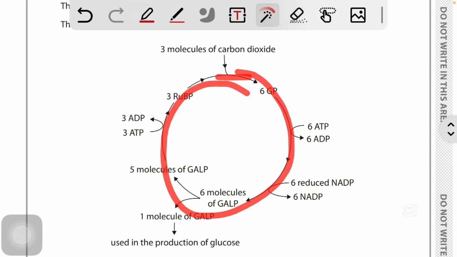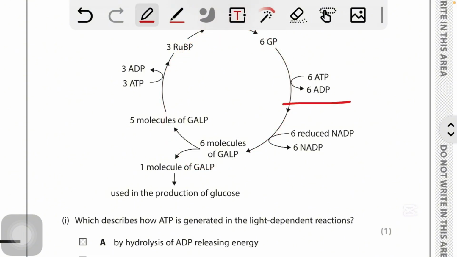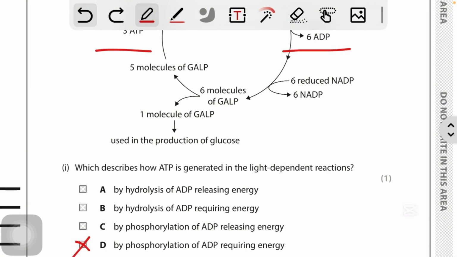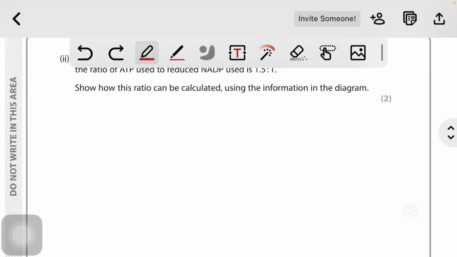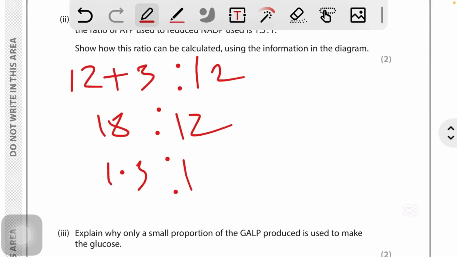So over here, for 2 cycles, ATP is 6 plus 6, 12, and reduced NADP is 3 plus 3, 6. So the ratio is 1.5:1, hence proved.